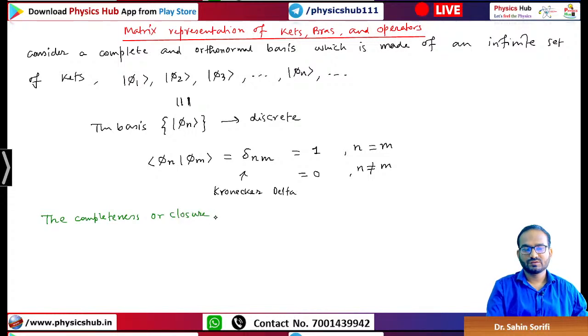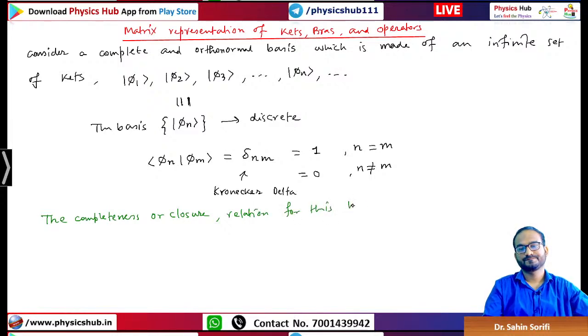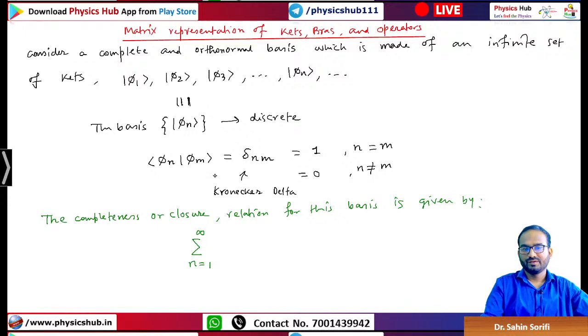The completeness or closure relation for this basis is given by, look, the sum over n equals 1 to infinity of ket phi n, bra phi n, will be identity.